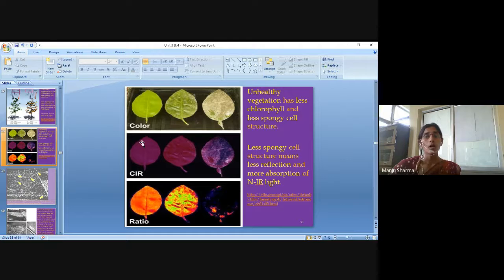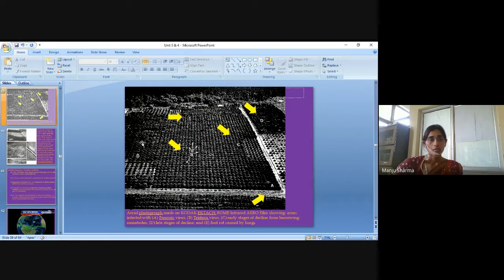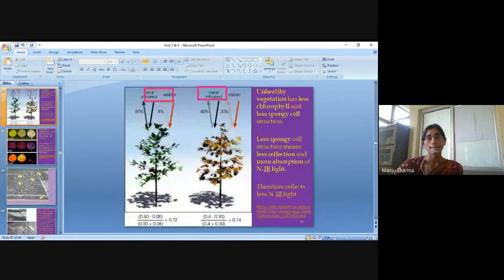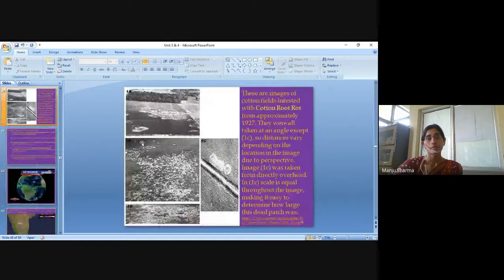Here also, unhealthy vegetation has less chlorophyll and less spongy cell structure, which means less reflection and more absorption of light. Here are images of a cotton field infested with cotton root rot from approximately 1927.